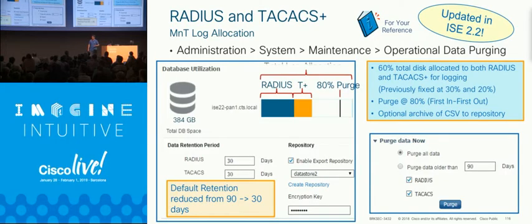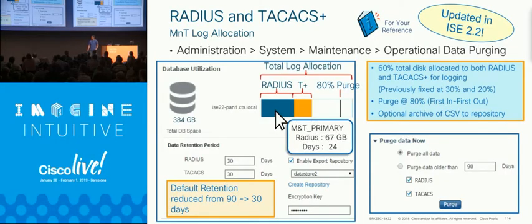One addition since 2.2 is that you can now see it as a combined space, and you can say that Radius is using X% and TACACS is using Y%. We used to have a hard block on Radius as well as TACACS, and we figured out that's not optimal for performance. For example, if you're not really running TACACS or your TACACS traffic is low, then you might get more room for Radius to grow in your logging space, right? So typically, that's the rule I would follow, and that's how it works.